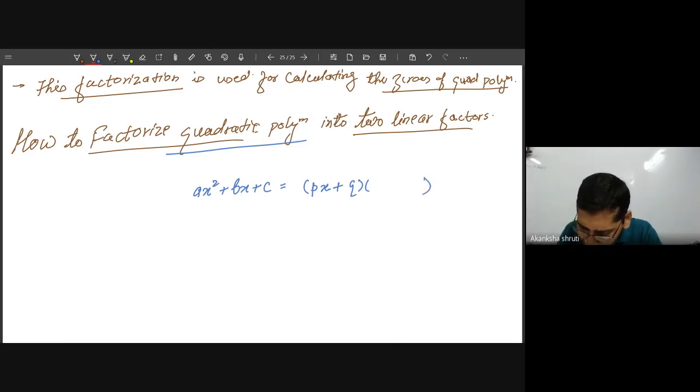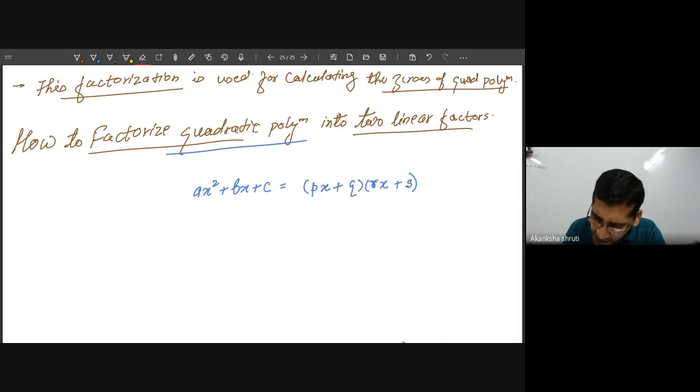The other factor has different values of the coefficient of x and the constant. Even if they are the same, at least the sign will be different. So it will also be a linear factor, but this time I may take the coefficient of x as, say, r, and this is added with s.